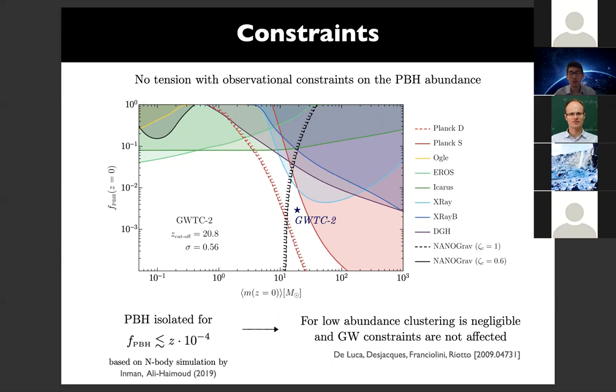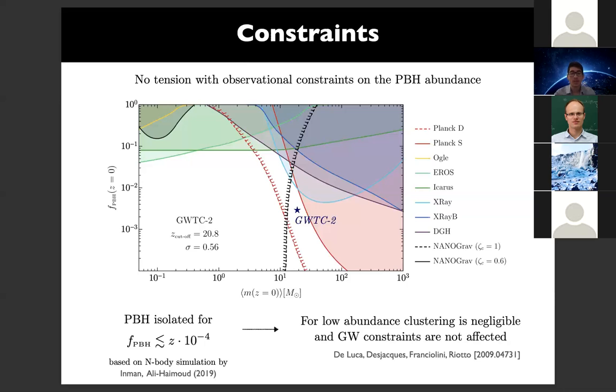And finally, we also have constraints from NANOGrav, since we are considering a formation of primordial black holes thanks to curvature perturbations, which at second order in perturbation theory will also generate a stochastic gravitational wave background, which may be detected by the NANOGrav experiment. And there, the constraint is the black line.